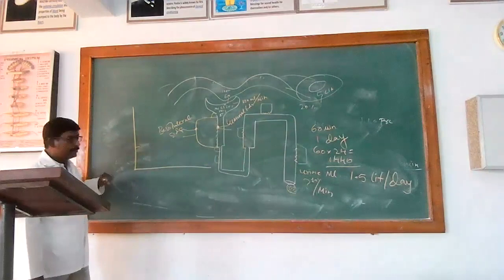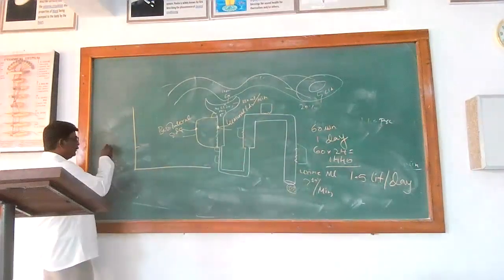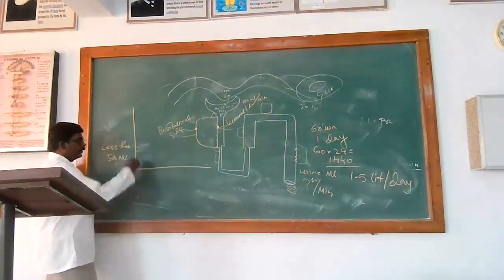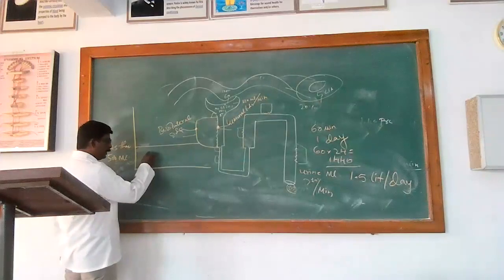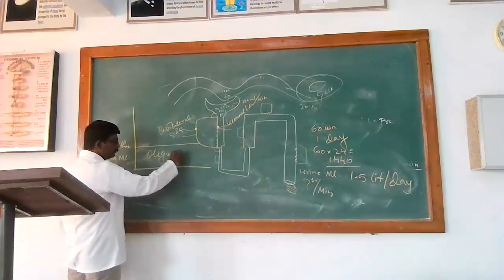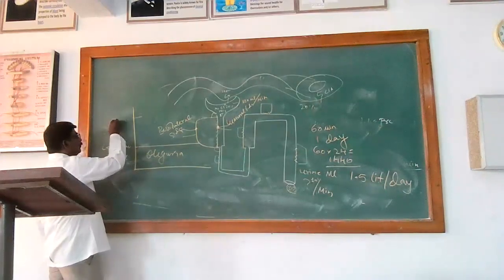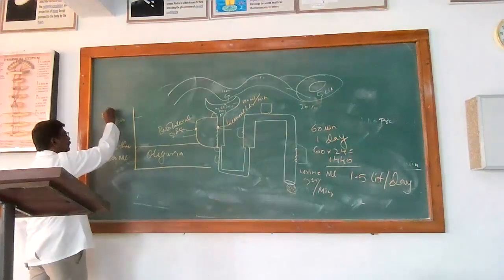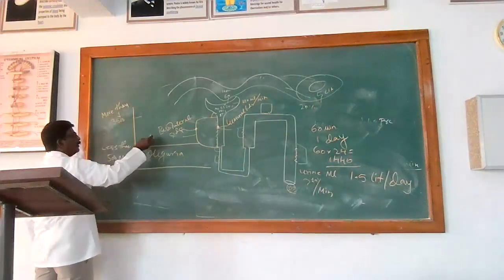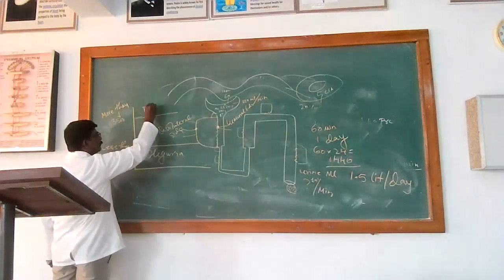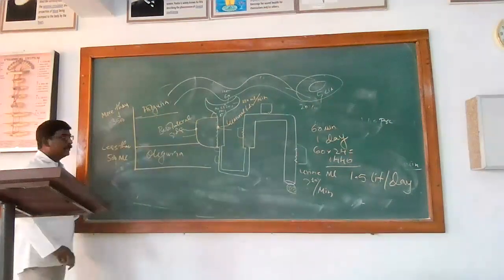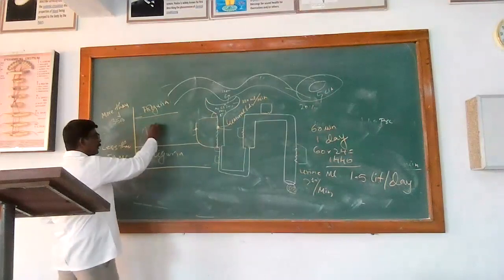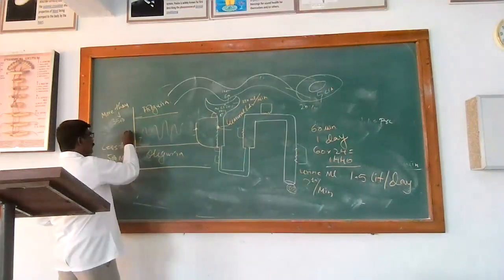Less than 500 ml is considered oliguria, and more than 3,500 ml is called polyuria. In between this, it is called normal.